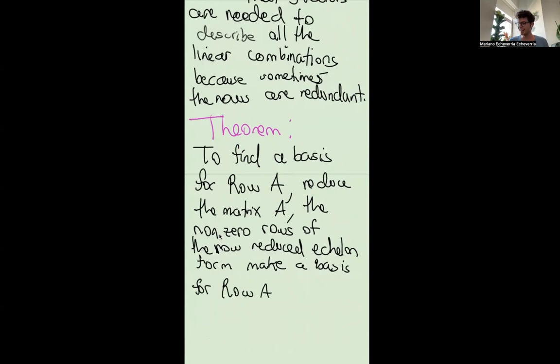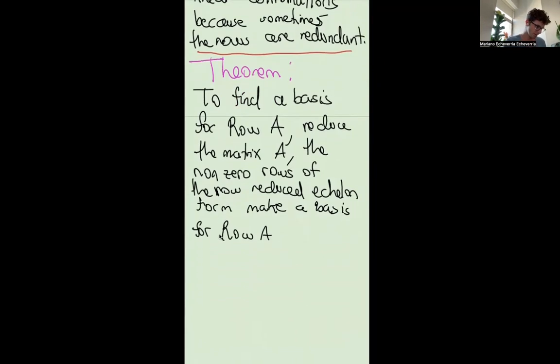So again, you see, it's the same thing that we were doing before, it's just about reducing a matrix. The only difference is that now we're giving a slightly different interpretation to this.